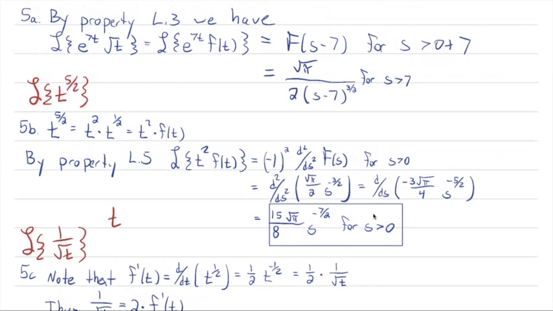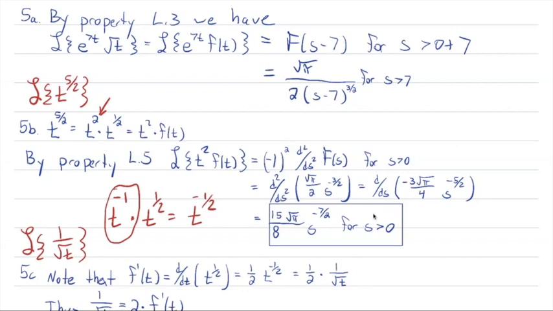And you might try and do the same sort of idea as in B, namely think about, well, what would I need to multiply t to the 1/2 by in order to get 1 over the square root of t, which is t to the -1/2. And you might think, okay, well, that would do the trick. However, that property that we have with multiplying by powers of t only works if the power is a positive integer.